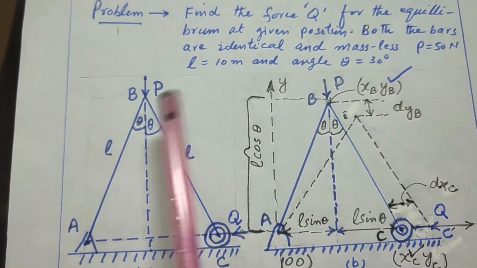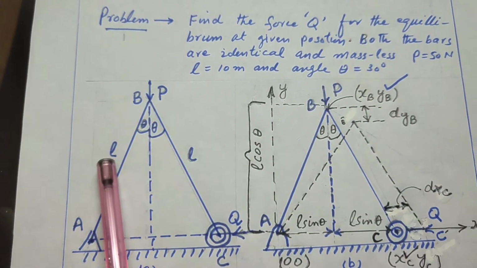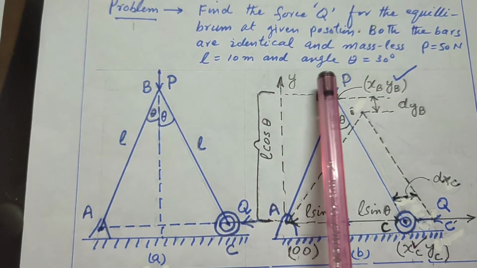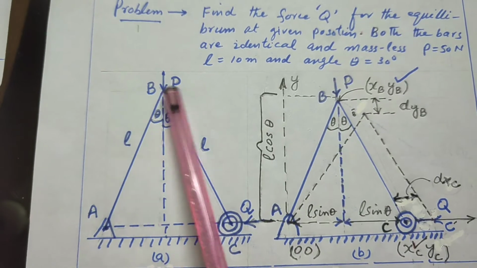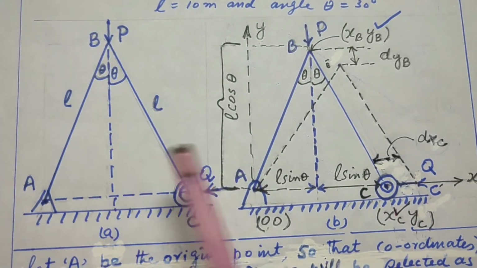P is given as 50 Newton, the length of each bar is L, and the angle theta is given as 30 degrees. So this is the mechanism given.